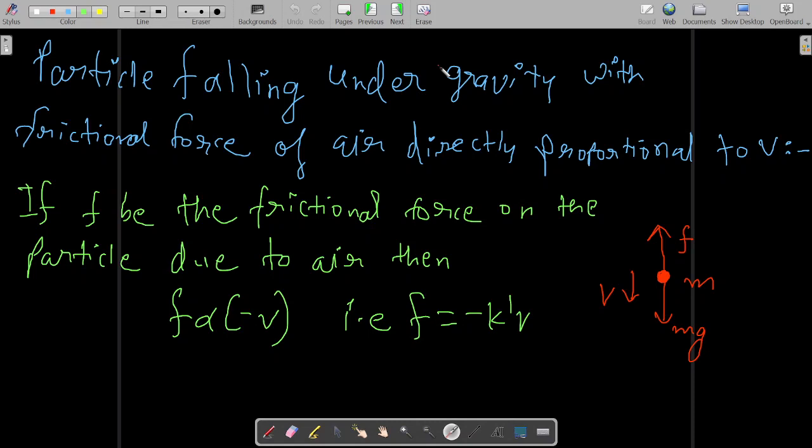Now consider a very heavy object with a very low surface area, suppose a ball. In the equations of kinematics which you used in the 11th and 12th standard, you had actually ignored the air resistance while the ball was falling. So you had taken an idealistic situation. Why had you taken such a situation?